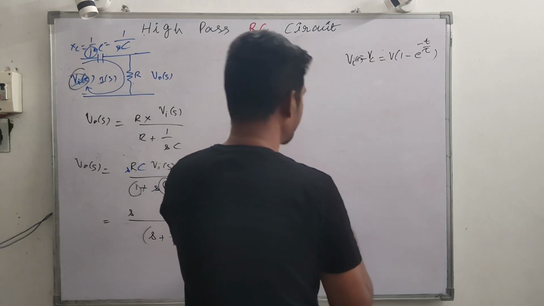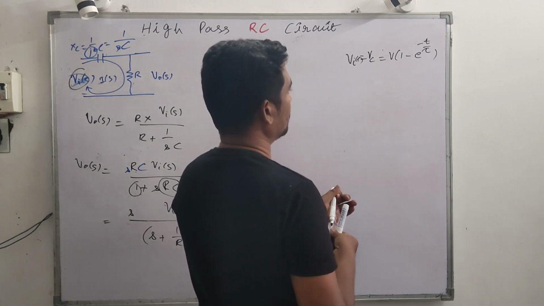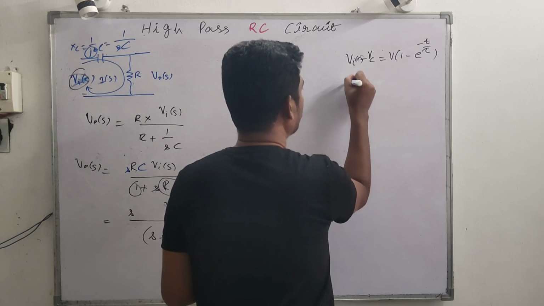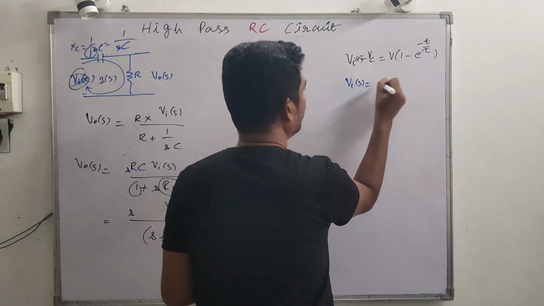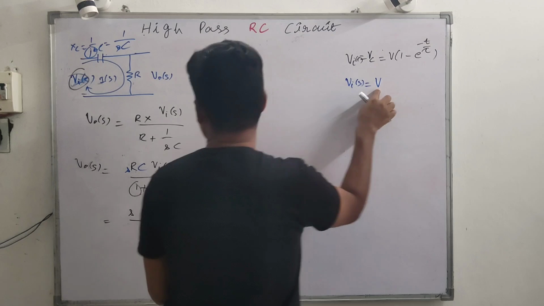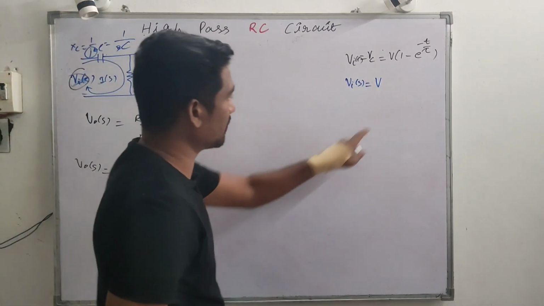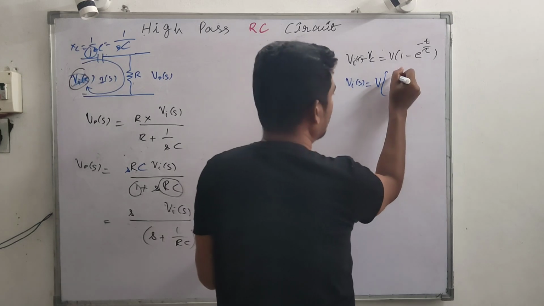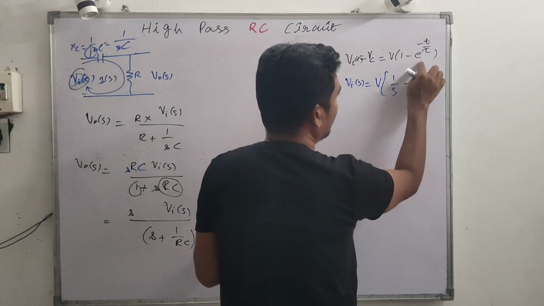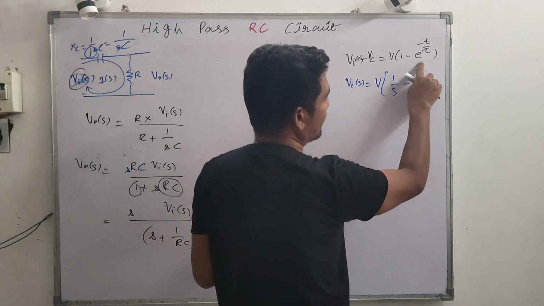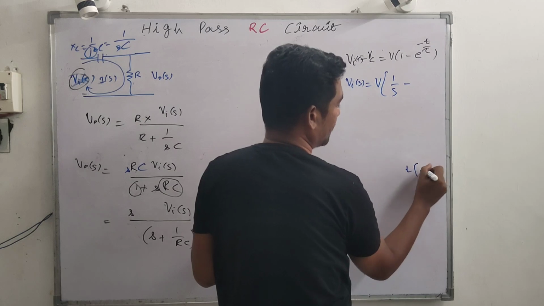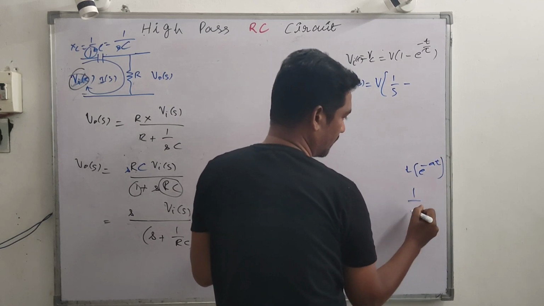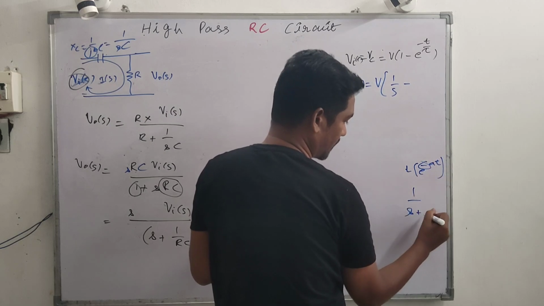So what will be Vi(s)? Simply the Laplace transform of this. Capital Vi(s) will be V, it's a constant, the step input, and the Laplace transform of it is 1 upon s, minus, it's the Laplace transform of e to the power minus at. The Laplace transform of e to the power minus at will be 1 upon s plus a; if you have negative exponent, we go for positive a.